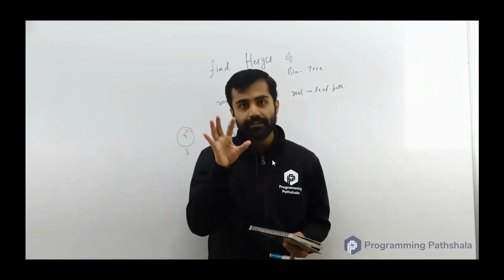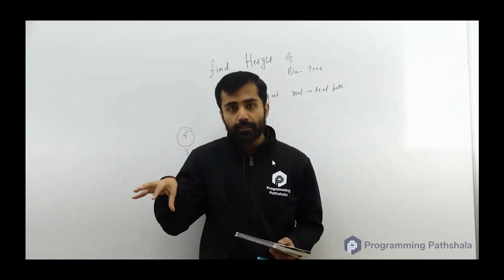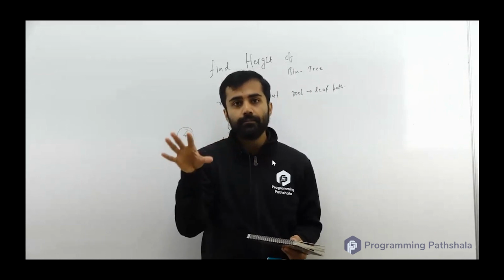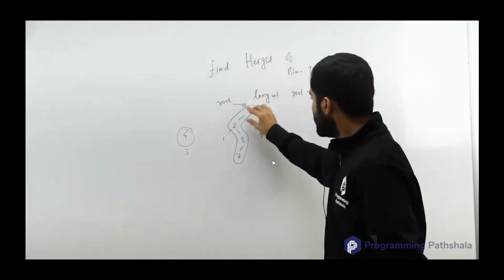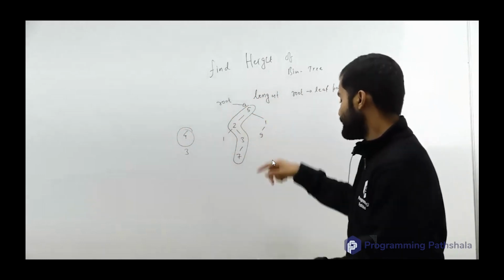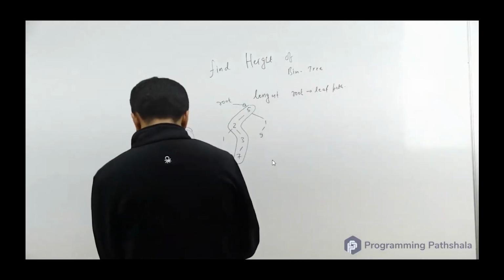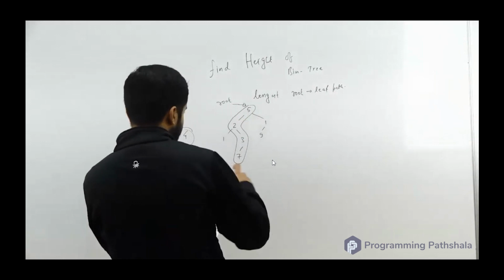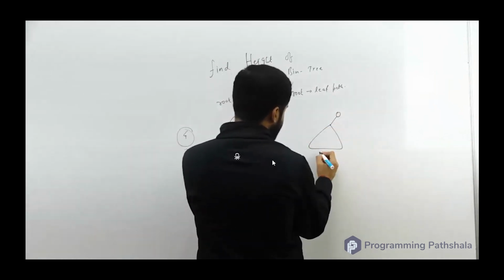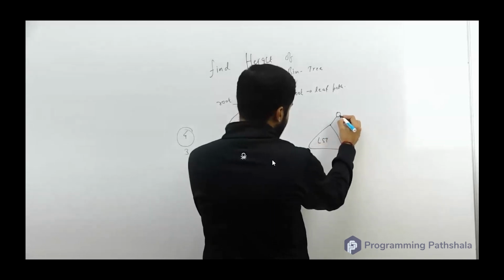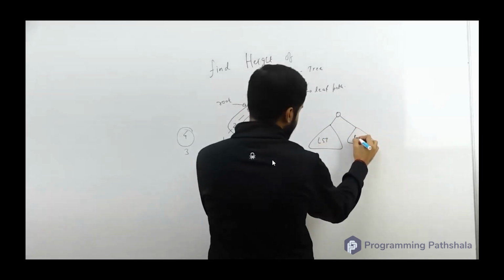Given a binary tree, if you have to solve a problem on top of it, you have to decompose it into 3 parts: overall root, left subtree, and right subtree. Correct? So any tree, you have to think of it as there is a root which has some left subtree and which has some right subtree.